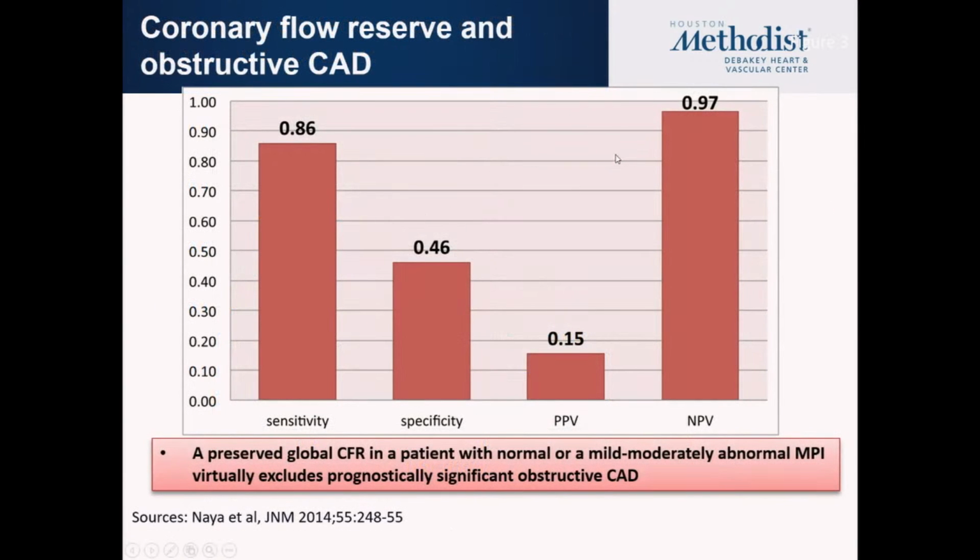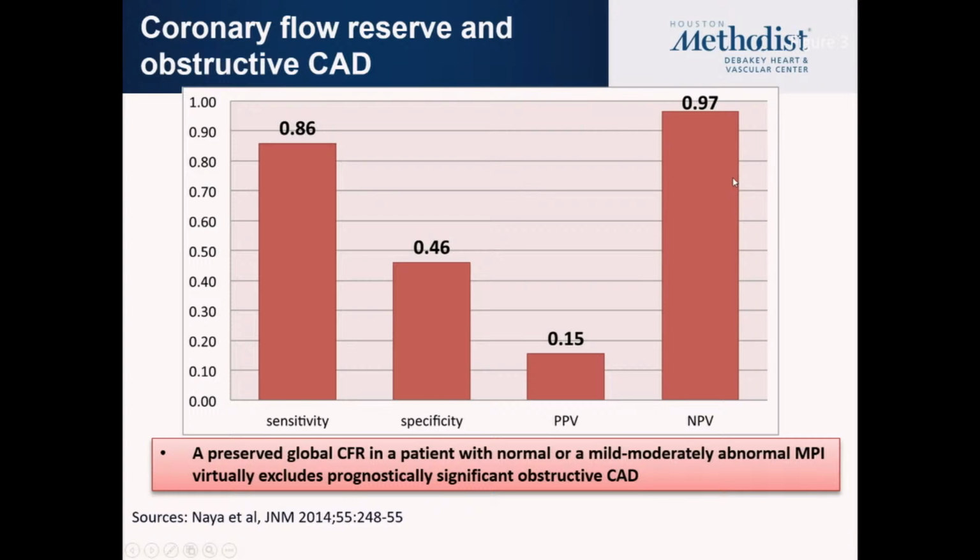And that's why when you have normal flows, it kind of rules out obstructive coronary disease in the series. They showed that the negative predictive value is 0.97. So technically a normal flow is associated with no high-risk obstructive coronary disease, defined as left main or three vessel disease, in this series of nearly 200 patients.